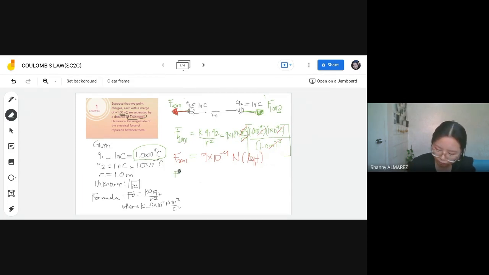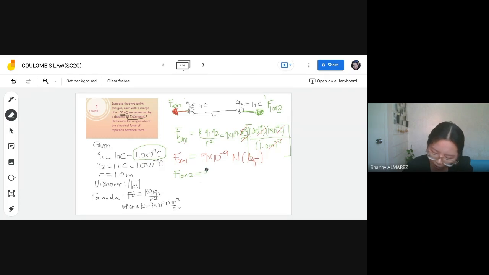Now, let's move to the second force. F1 on 2. Ano kaya ang magiging value nito? F1 on 2 will just use the same values. So what do you think would be the value of F1 on 2? If you are not sure or if you are not confident, pwede mong ulitin.